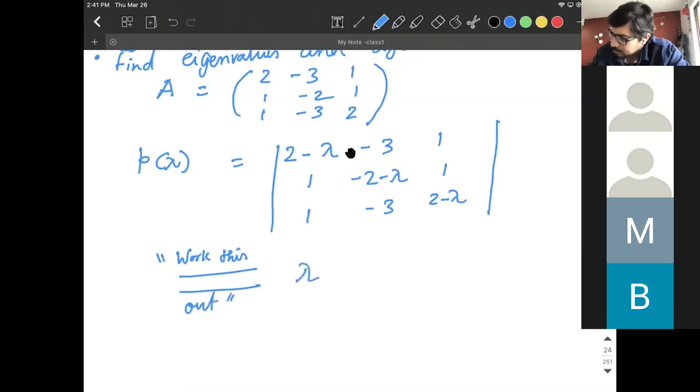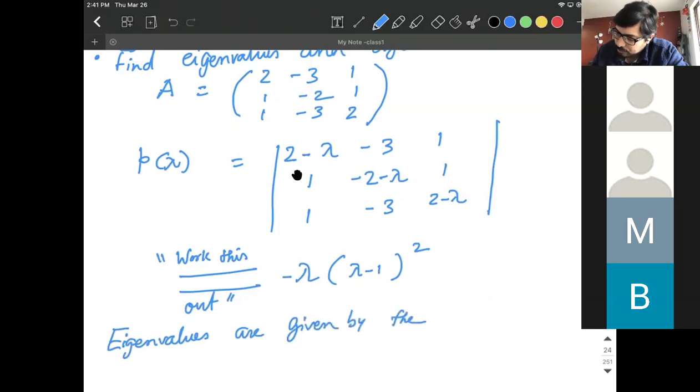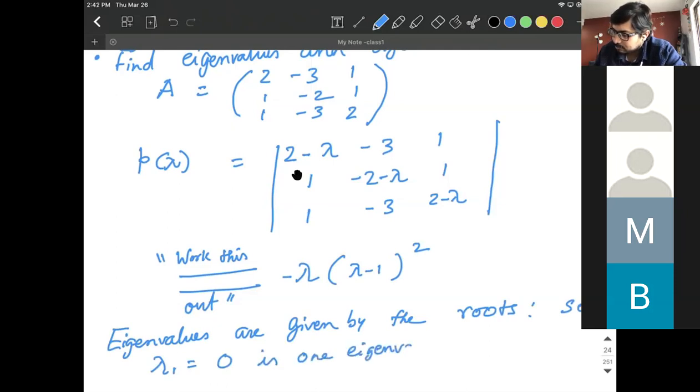So this is minus lambda times lambda minus 1 squared. So then the eigenvalues are given by the roots, of course. So lambda 1 equals 0 is one eigenvalue, and lambda 2 equals lambda 3 equals 1 are the other eigenvalues.